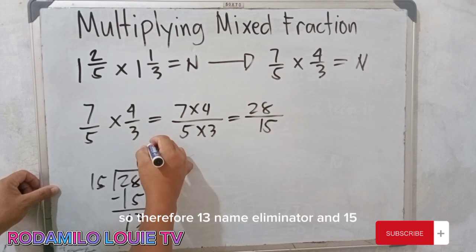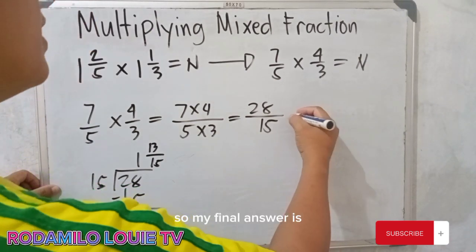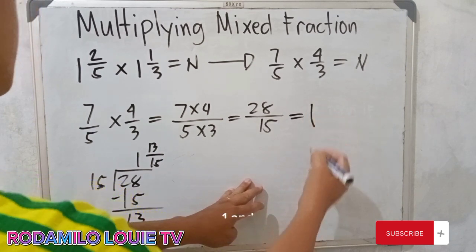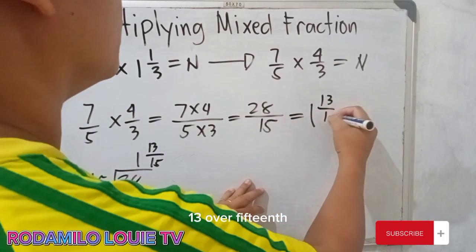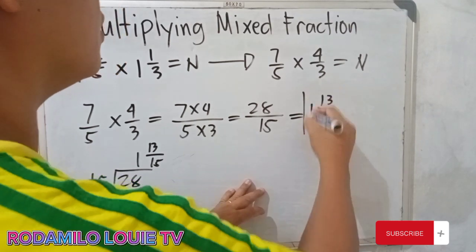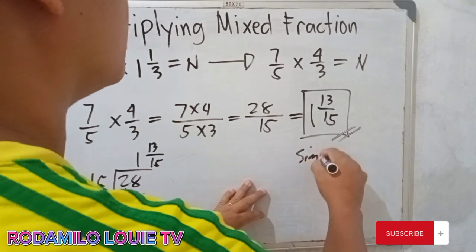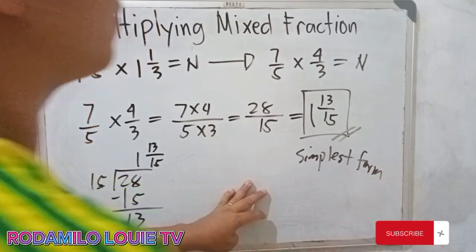So, therefore, 13 ang numerator, ang 15 ang denominator. So, ang atong final answer is 1 and 13 over 15. So, that is our final answer in simplest form. Okay?